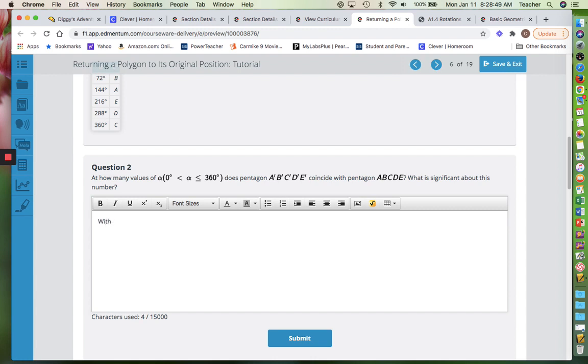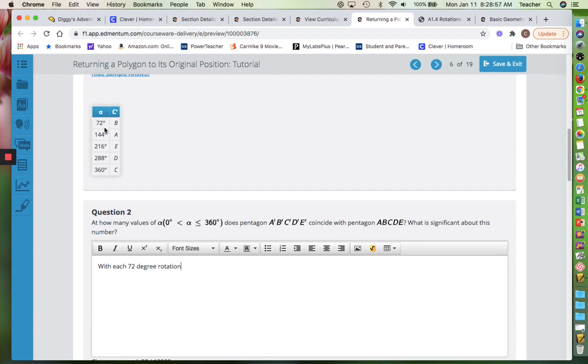With each 72-degree rotation, because I don't know if you guys noticed, it was 72, and then 72 plus 72 is 144. 144 plus 72 is 216. Plus 72 is 288. Plus 72 is 360. So with each 72-degree rotation, the figure maps back onto itself.